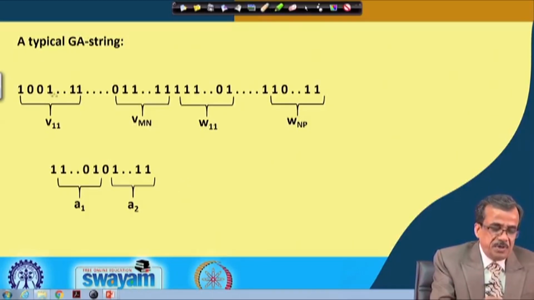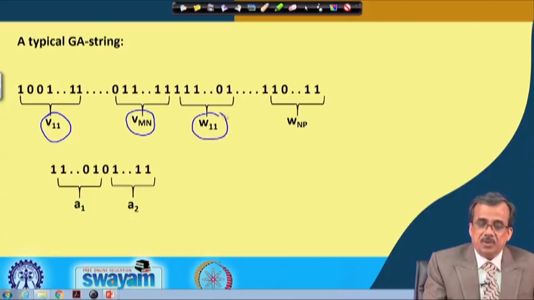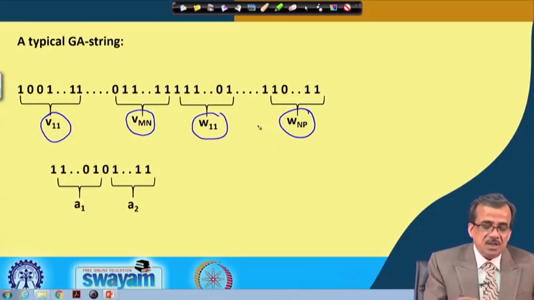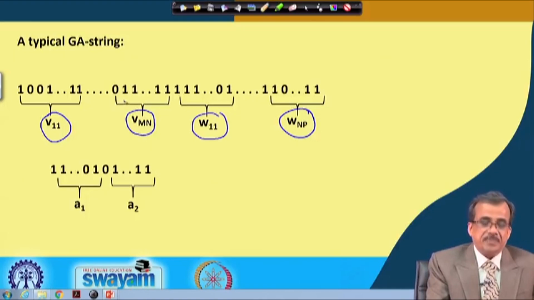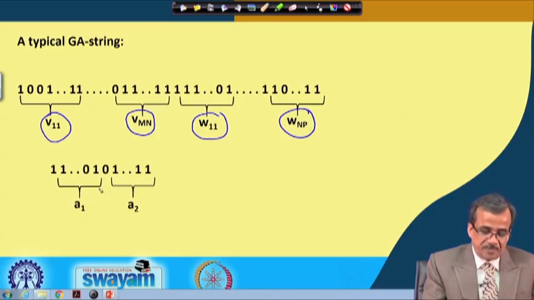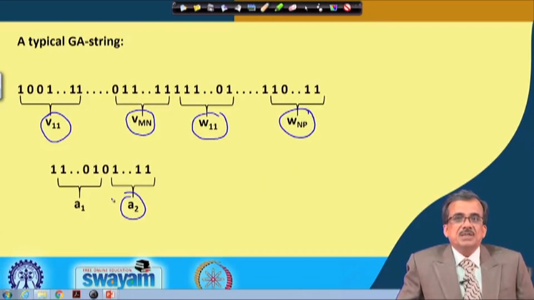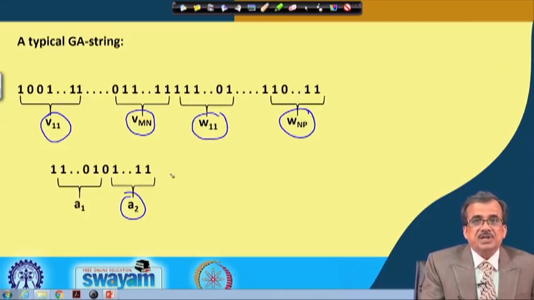The first few bits are going to represent the connecting weight V11, and the last V connecting weight, that is Vmn, and then the W connecting weights. To represent each of these connecting weights, I will have to assign a few bits. Then to represent A1, the coefficient of the transfer function for the log sigmoid transfer function, and A2, the coefficient of the transfer function for the tan sigmoid transfer function, we will have to assign bits.